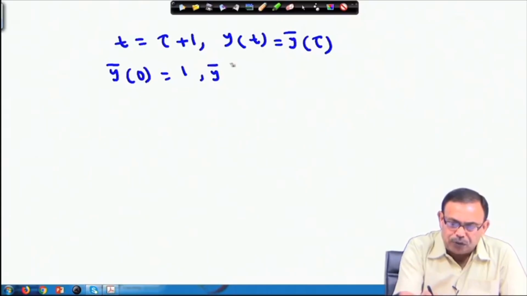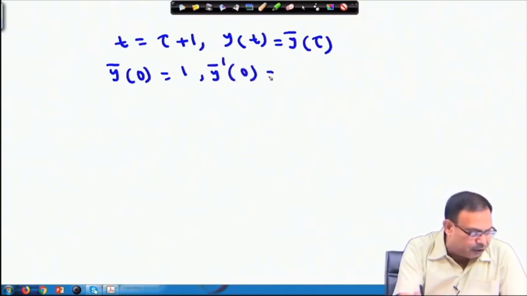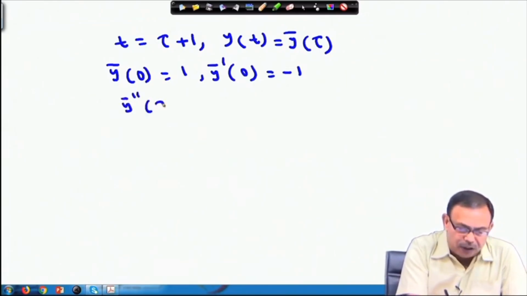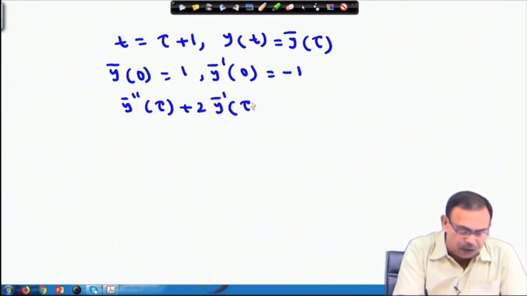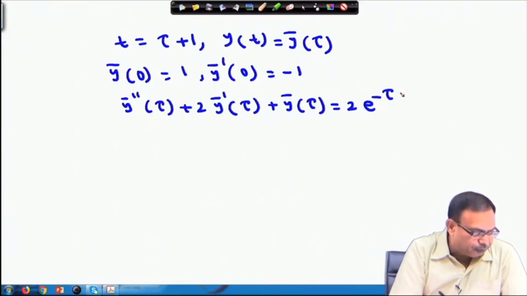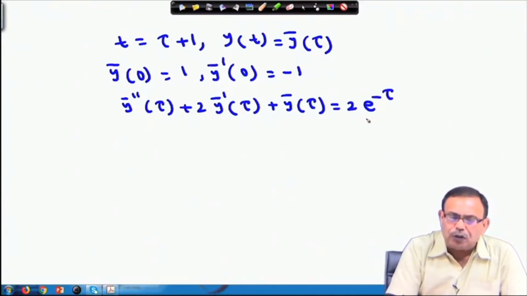So y bar 0 is 1, y bar dash 0 equals minus 1. And your original problem is now changed to y bar double dash tau plus twice y bar dash tau plus y bar tau equals 2 e power minus tau.